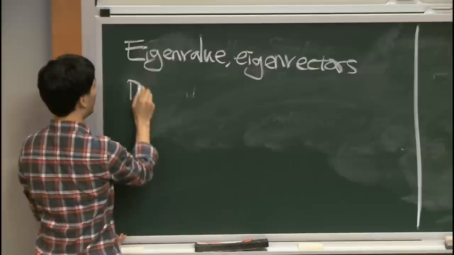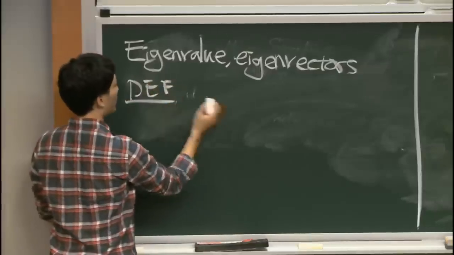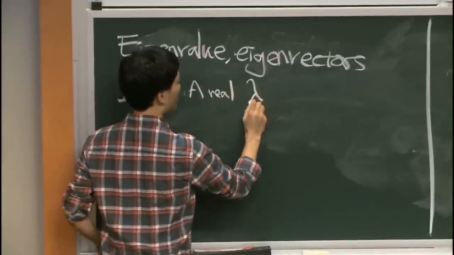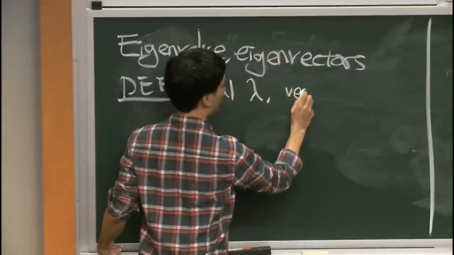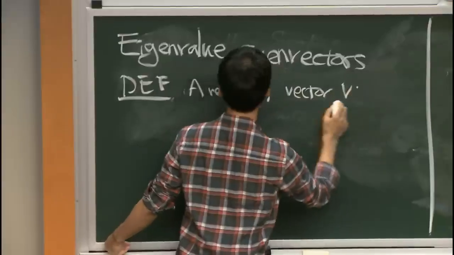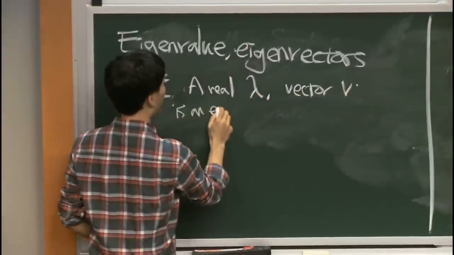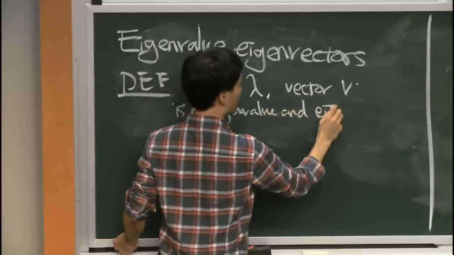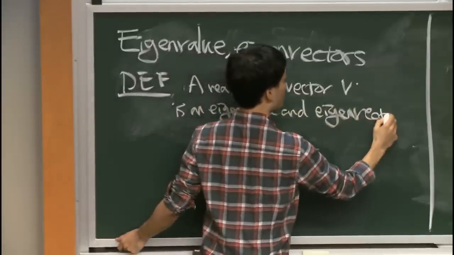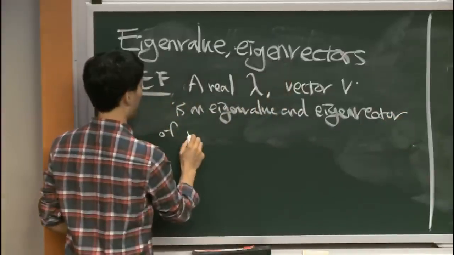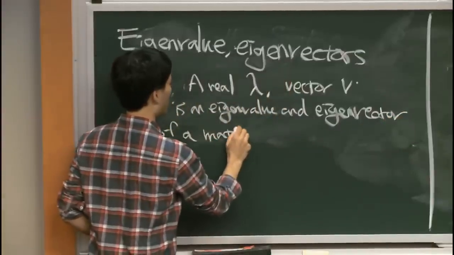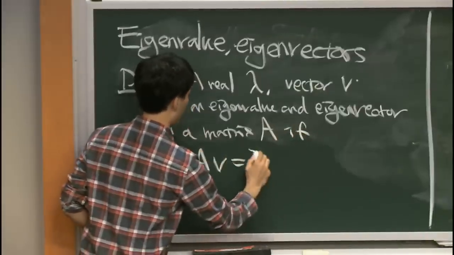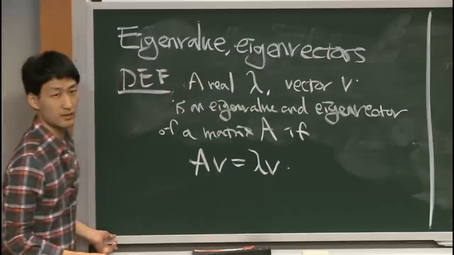They are defined as follows: a real number lambda and a vector v are an eigenvalue and eigenvector of a matrix A if A times v equals lambda times v.